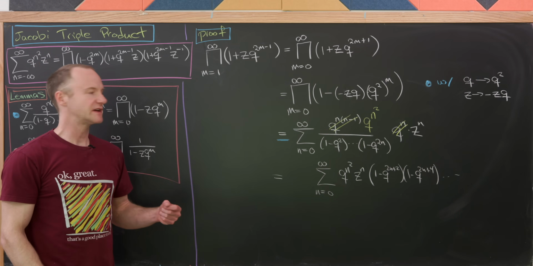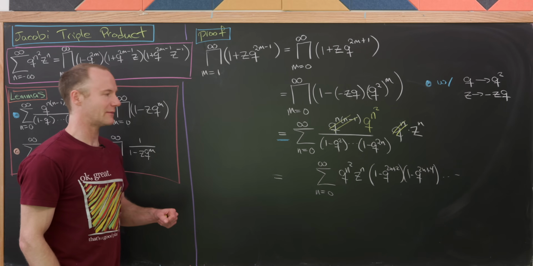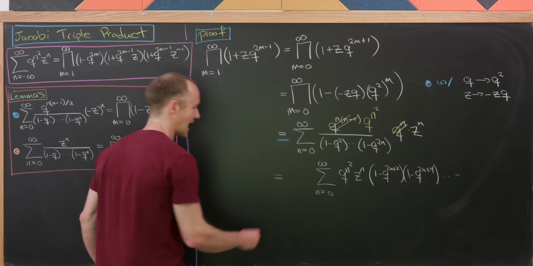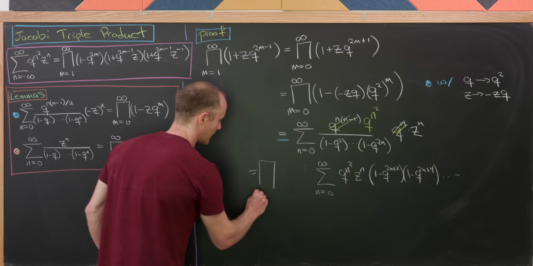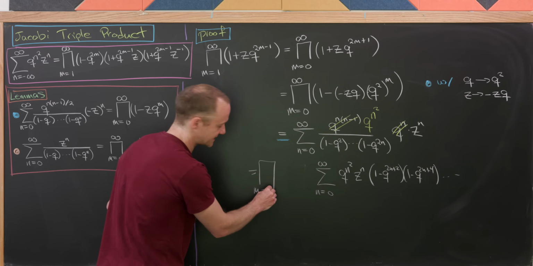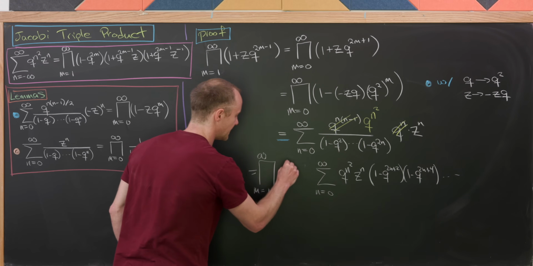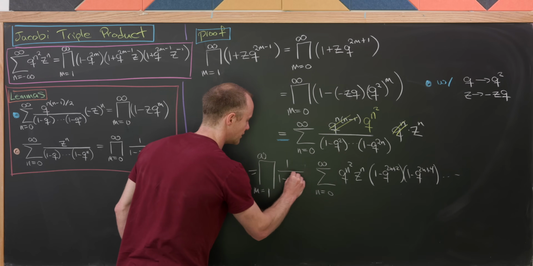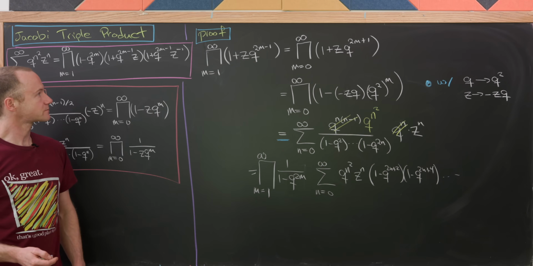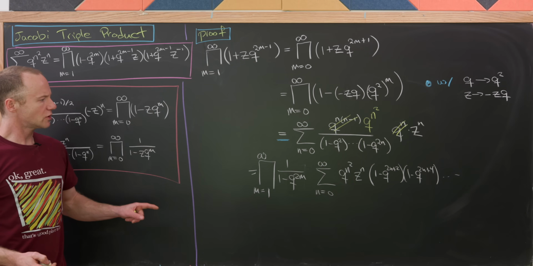But that's going to complete this to an infinite product in the denominator, which now won't have anything to do with n, so I can factor it out. And I'll write it as the product as m goes from 1 to infinity of 1 over 1 minus q to the 2m. Okay, nice.